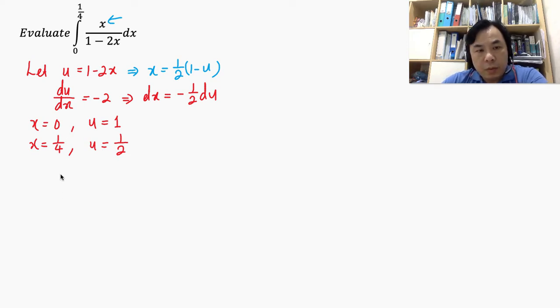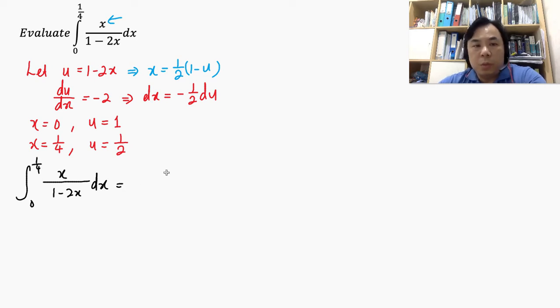Now therefore, this original integration can be written in the form of u. So x, we know that x can be represented as half of 1 minus u, and then our denominator will become u in this case.